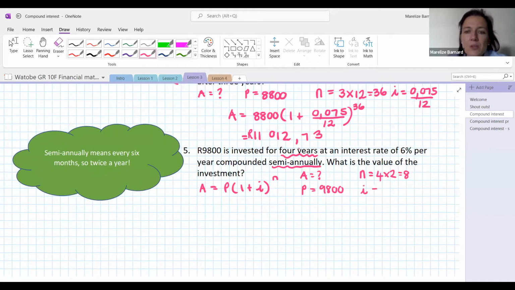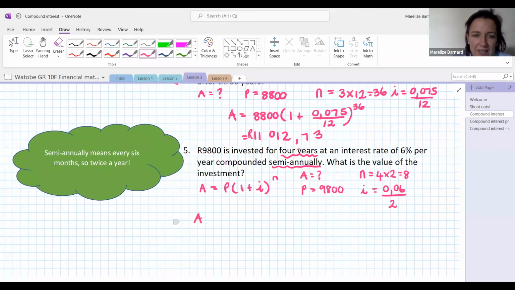And what are we going to do with our interest rate? Our interest rate is 0.06. What are we going to divide the interest rate by? By 4, sorry, not by 4. We're going to divide the interest rate also by 2. So do you guys see how it works? You times the years by 2 if it's semi-annually, and you divide the interest rate by 2 if it's semi-annually.